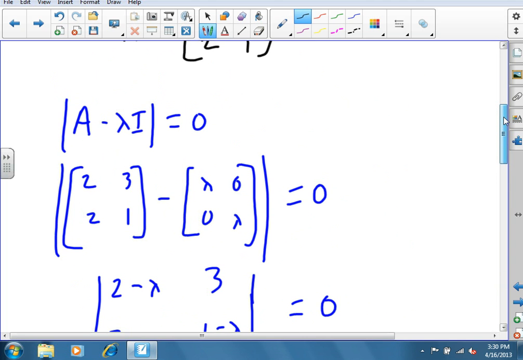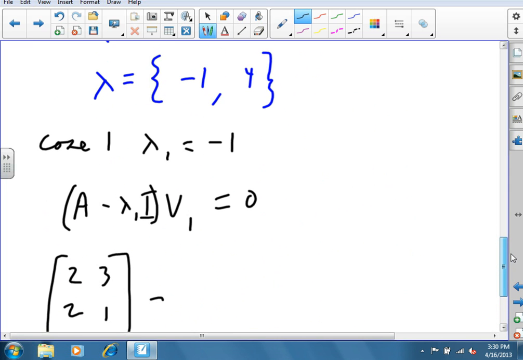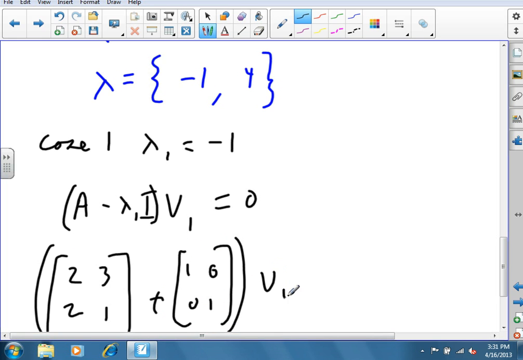Okay, so now we have to figure out what this is. A is [2, 3; 2, 1], so this is [2, 3; 2, 1] minus lambda 1 I. Lambda 1 is minus 1, and minus and minus is plus, so it'd be [1, 0; 0, 1] times V1 is equal to 0.